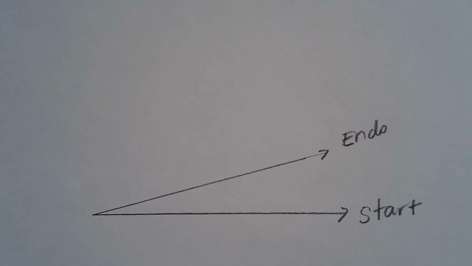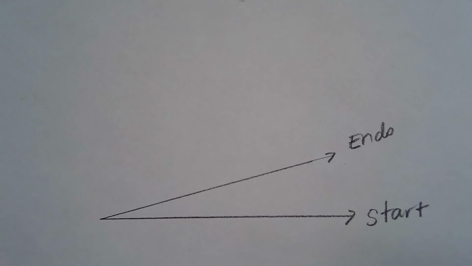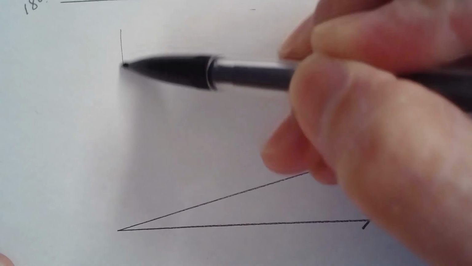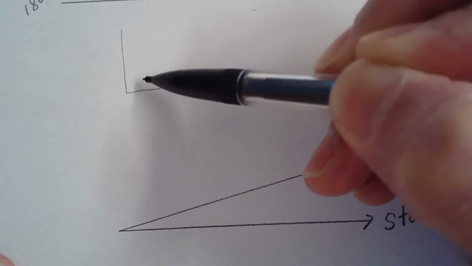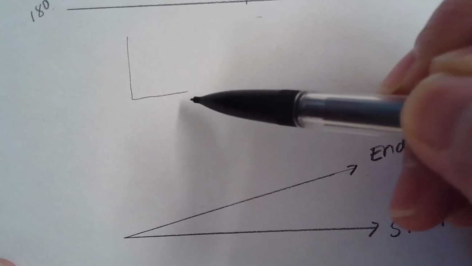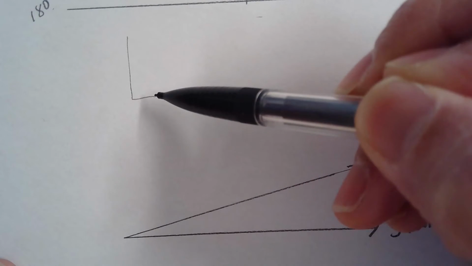15. Okay, so somebody says 28. Somebody says 15. Okay, good. Anybody says 60. Anybody is thinking 60. Okay, is that too much or too little? So remember, if it looks like an L shape, that looks like how many degrees?